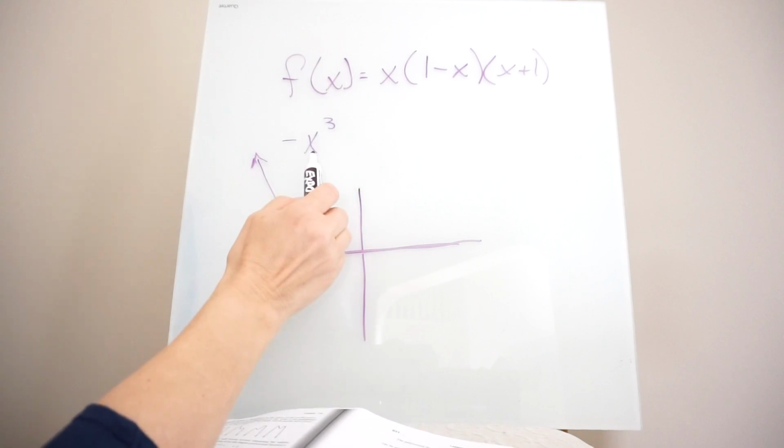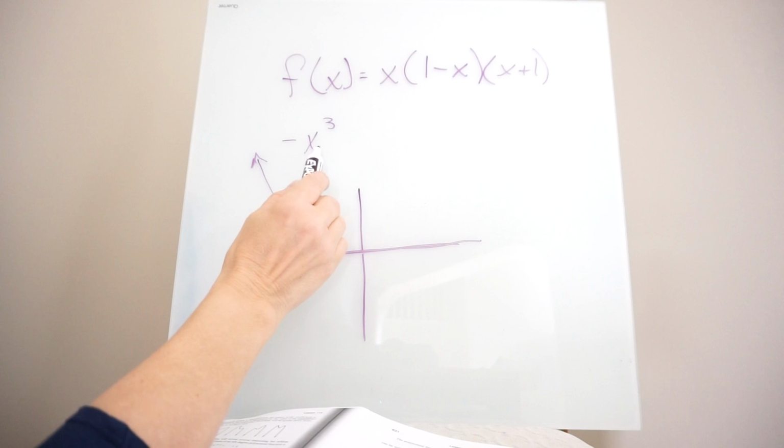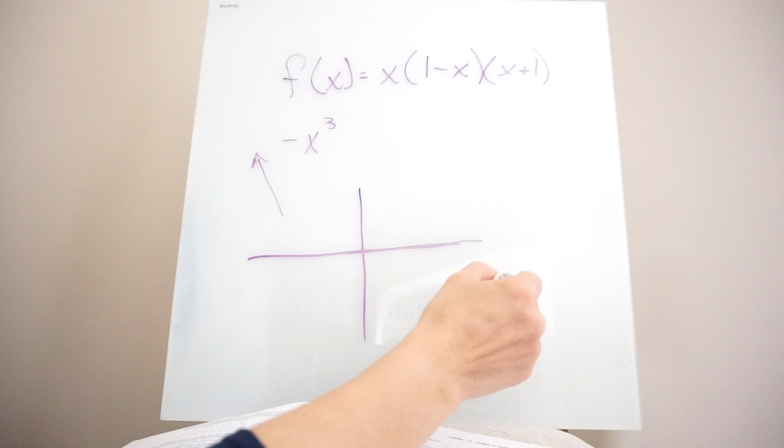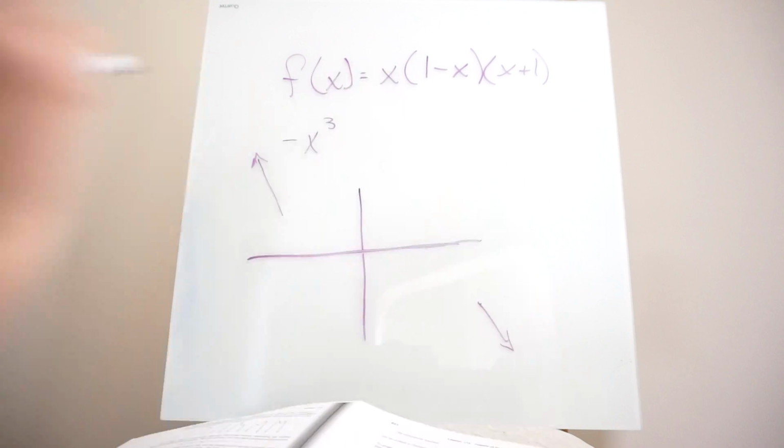If we have very large positive x values, and you cube that, and then you have the negative sign in front, it's going to continue negatively. With a cubic function, remember that it could have one flex point, or it could have two turning points and a flex point.